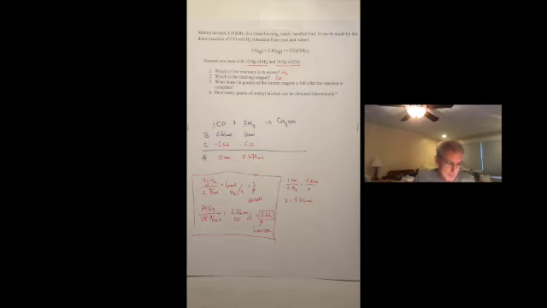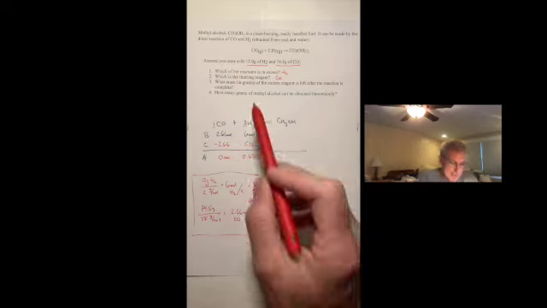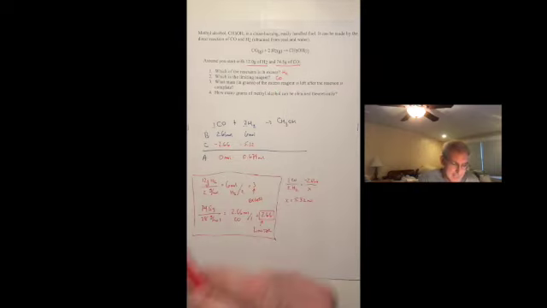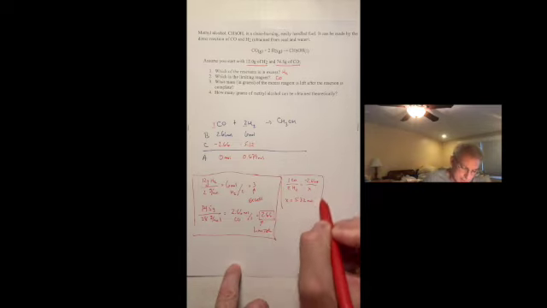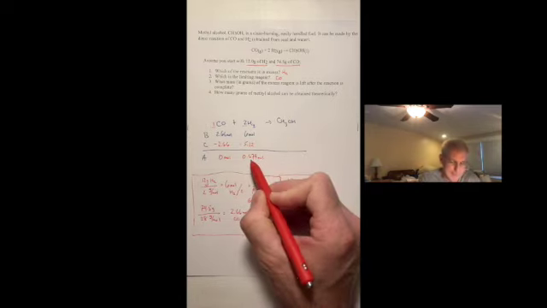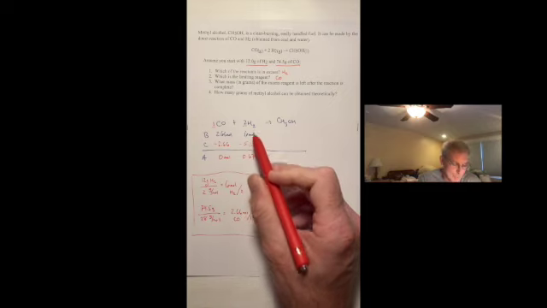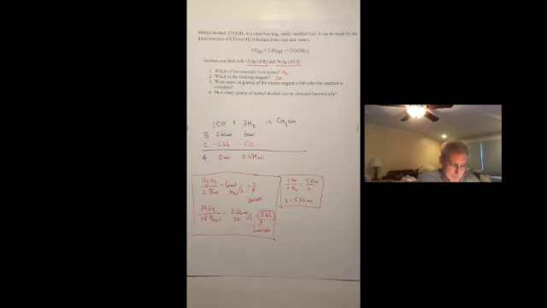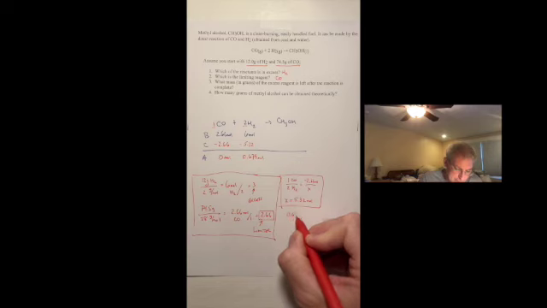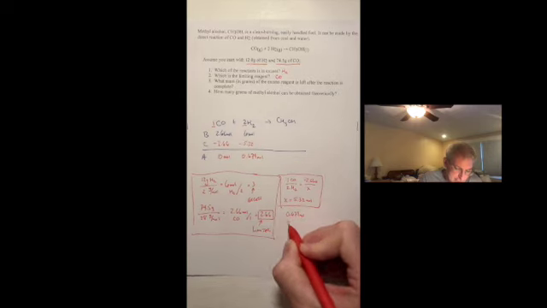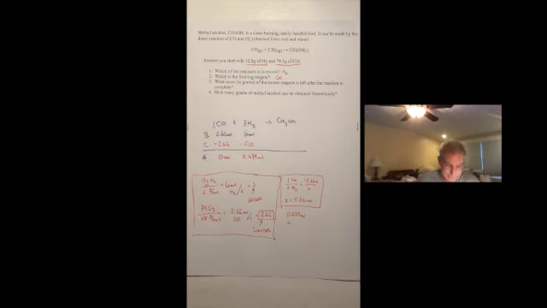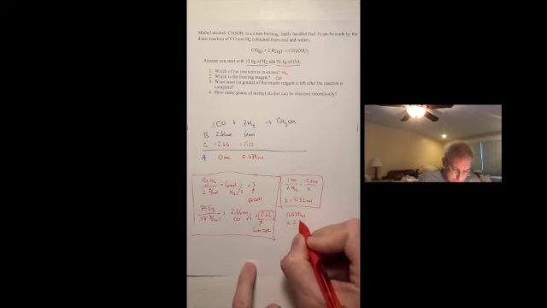Okay, so it says, what mass in grams of the excess reagent is left over? Well, I know that I have left over 0.679 moles of H2. And I know if I take that 0.679 moles and I multiply it by the molar mass of H2, which is 2, then I will get the leftovers.